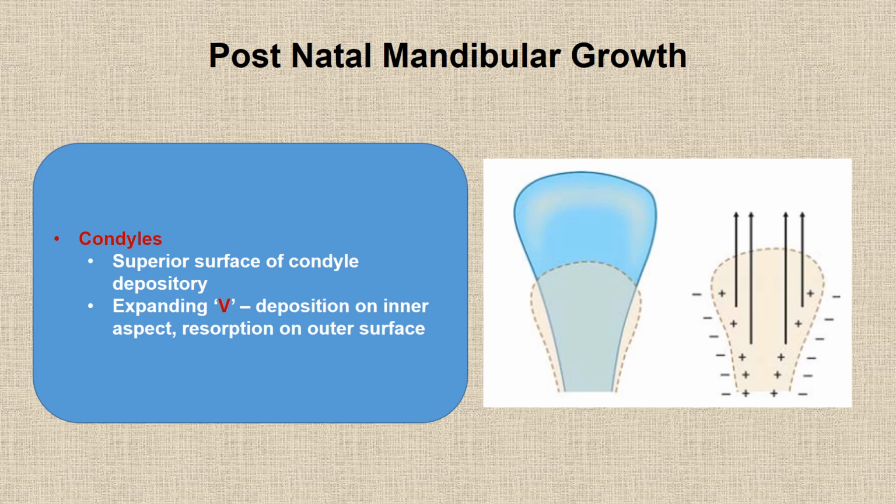Now, the superior surface of the condyle undergoes bone deposition, and it also moves in an expanding V configuration, and there's deposition on the inner aspect and resorption on the outer surface.